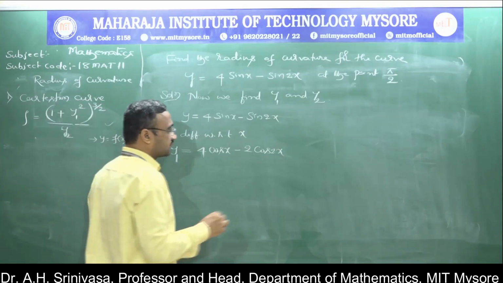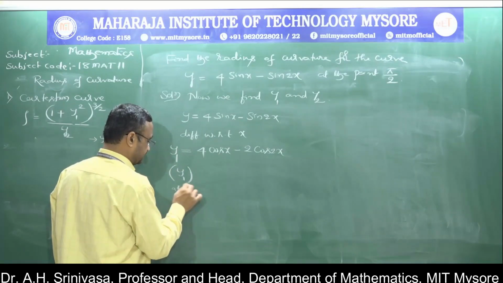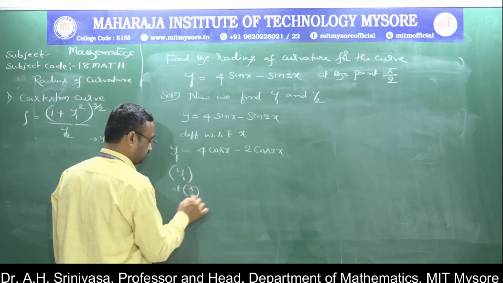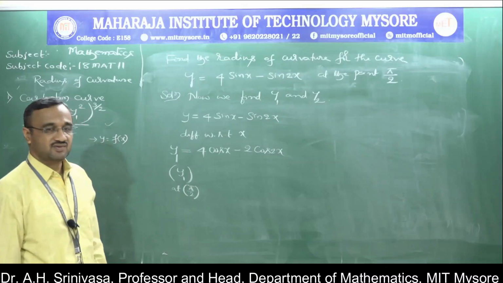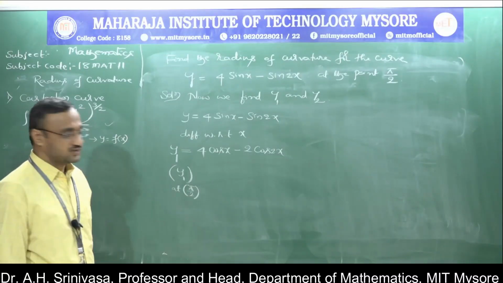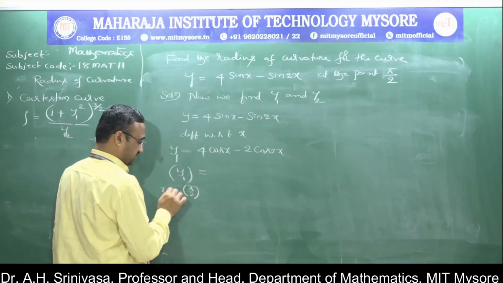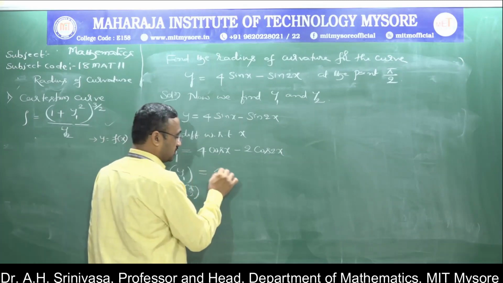Here we also find what happens to y1 at pi by 2. That means the value of x is given to us. If we put x equal to pi by 2, what happens?